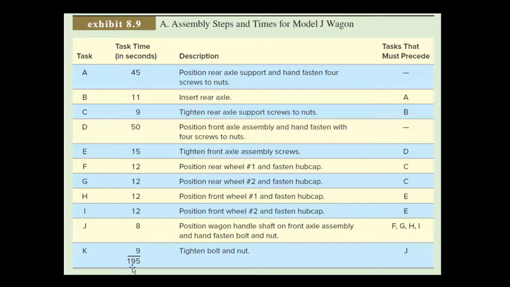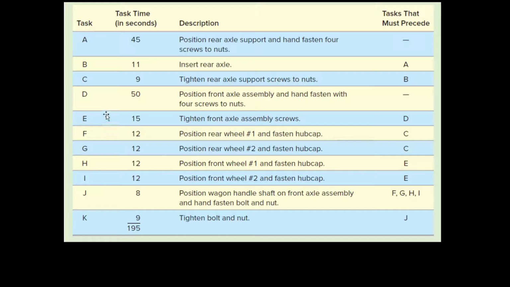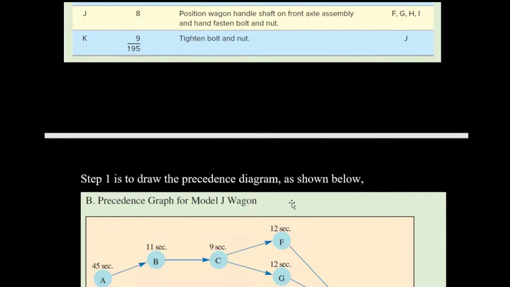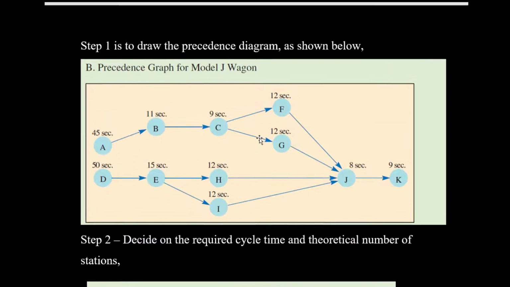The total task time for completing one wagon is 195 seconds when you add all the task times. Based on these precedence relationships and task times, a precedence diagram is developed.